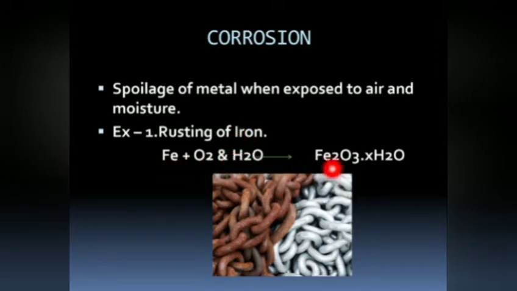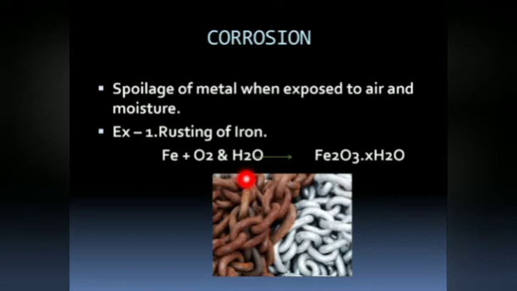If it is 1, then it is 1 H2O. If it is 2, then it will be 2 H2O, like this. So for the formation of rust, these two are very important, oxygen and H2O. If one is absent, then the rust cannot be formed.